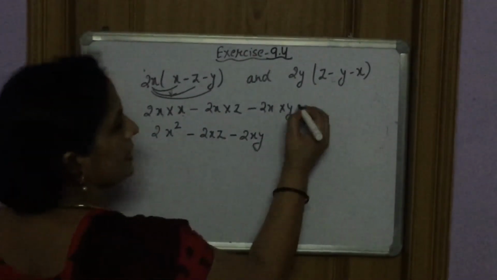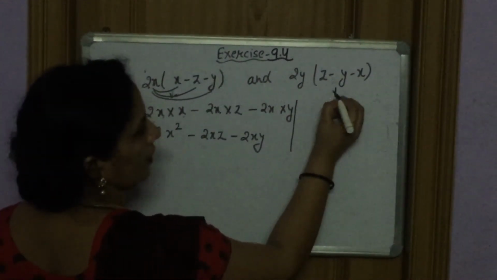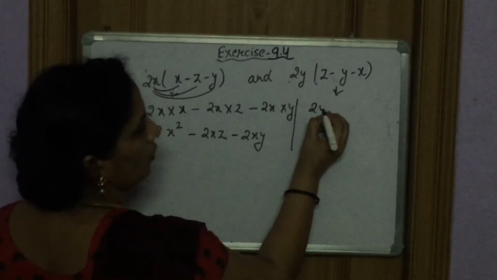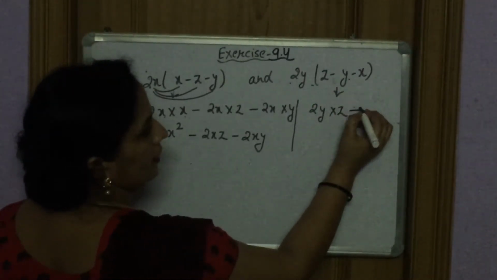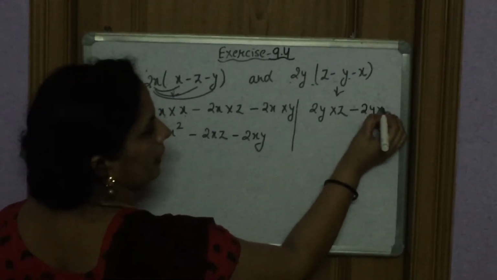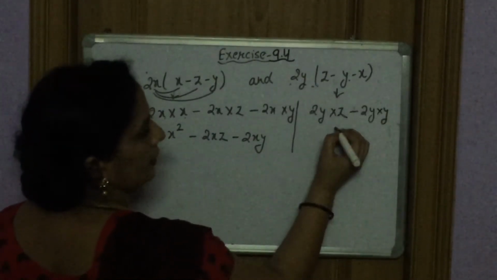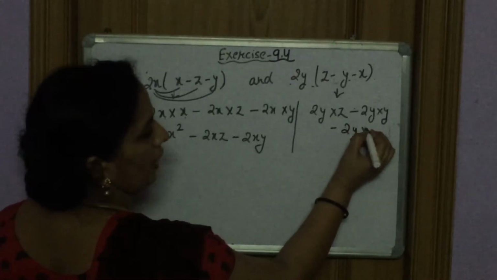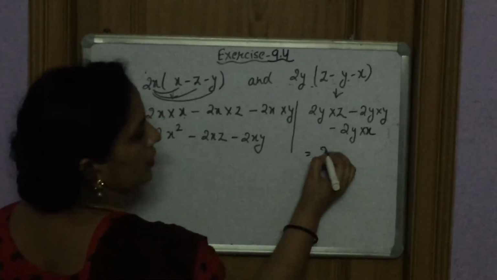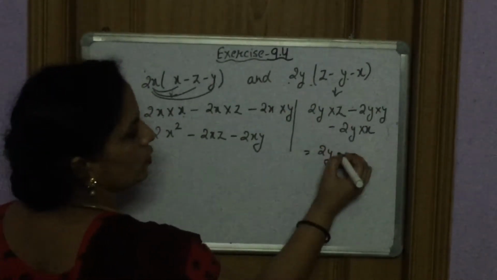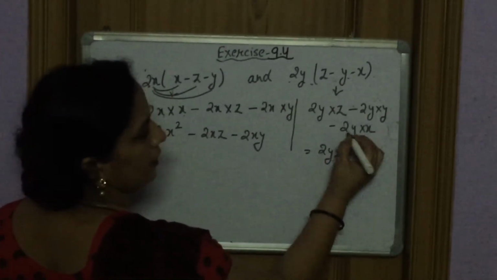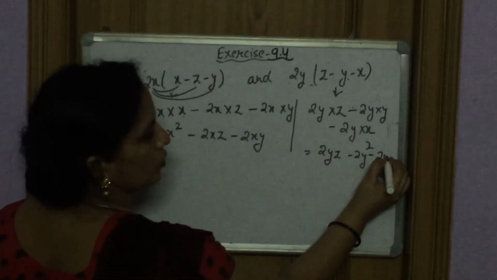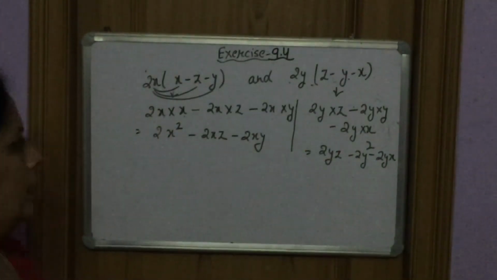After that, in the second term, 2y multiply z, then 2y multiply y, and in the third term 2y multiply x. So the final answer is 2yz minus 2y square, then minus 2yx.